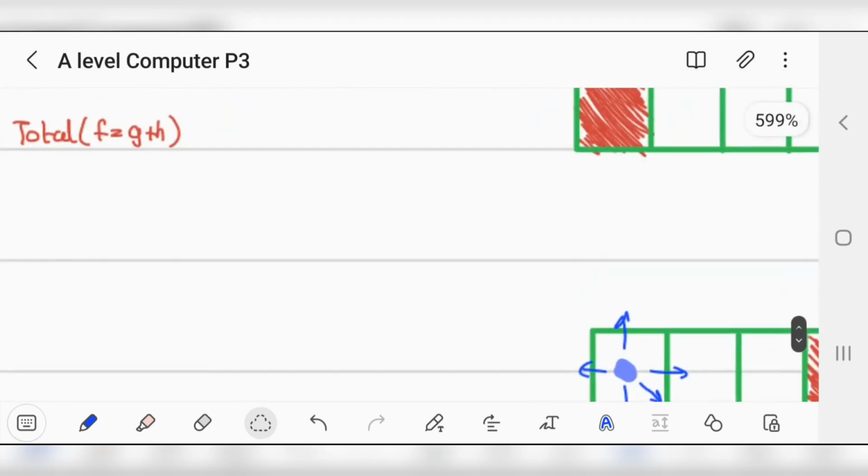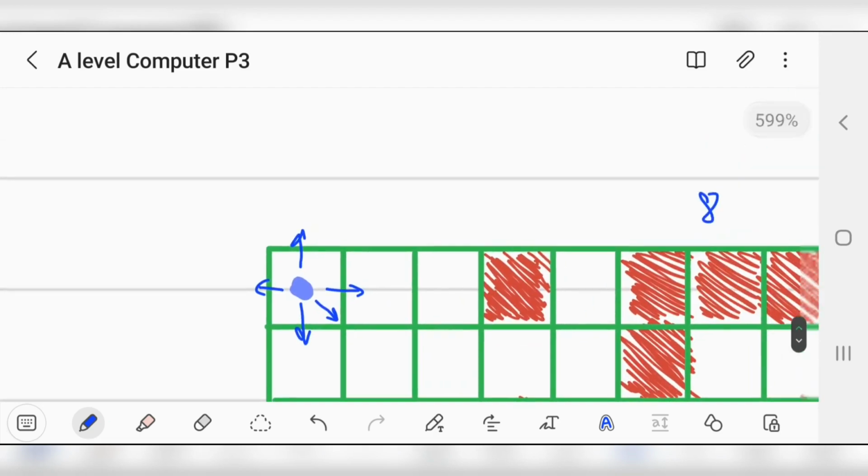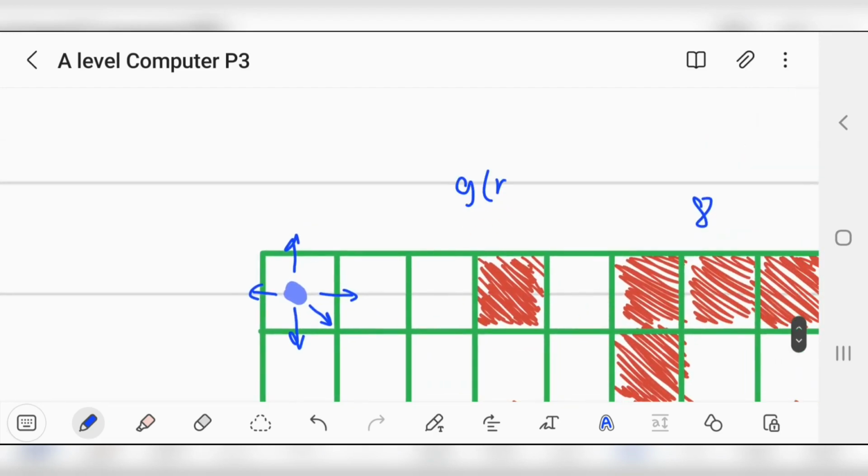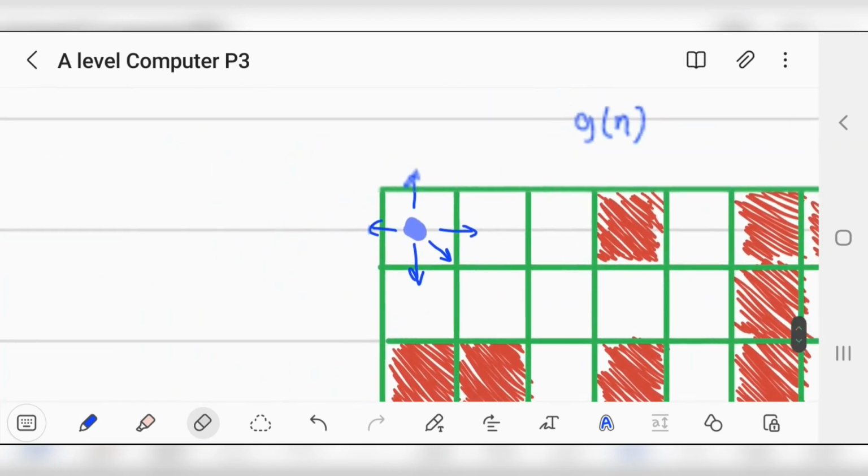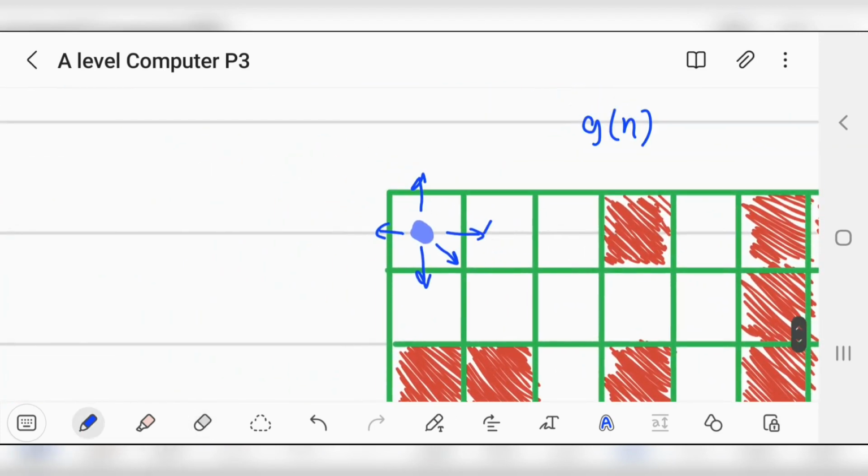So for example, if I just show you the Gn values, what would be the Gn values? Going from here to here, it would be 10, this would be 10, this would be 14.